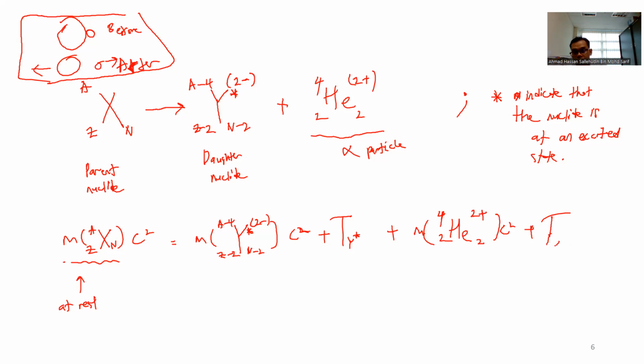I write it as alpha, because it is difficult to write helium 2 plus as the index. So I just write alpha, indicating the kinetic energy of the released alpha particle.